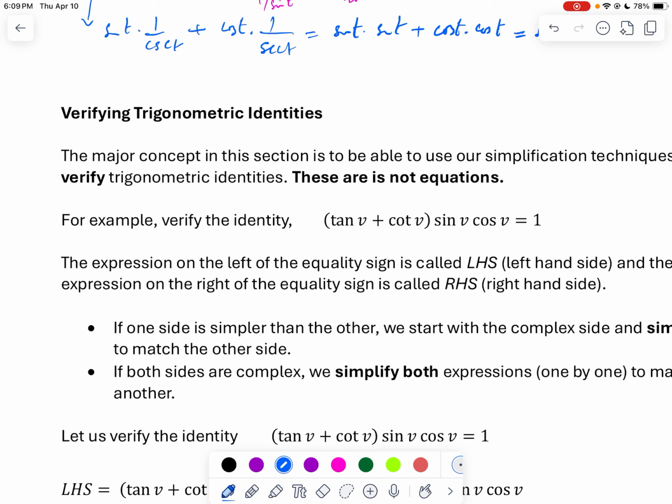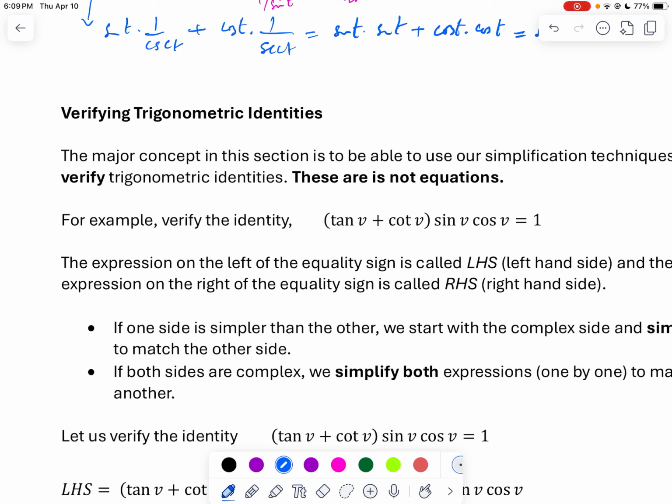Now these identities, as I said earlier, are not equations, so we don't deal with them like equations. When we have equations, we can multiply both sides by something or subtract something from both sides. Here we cannot.